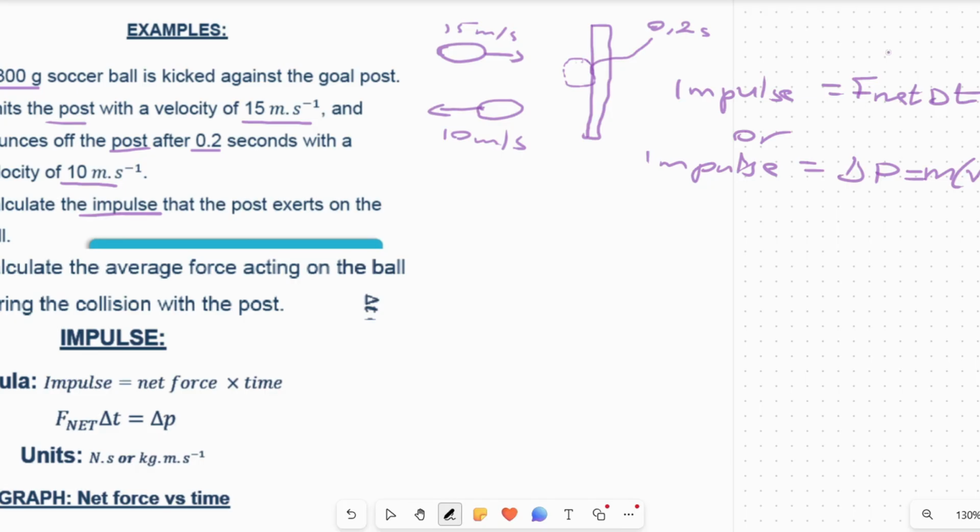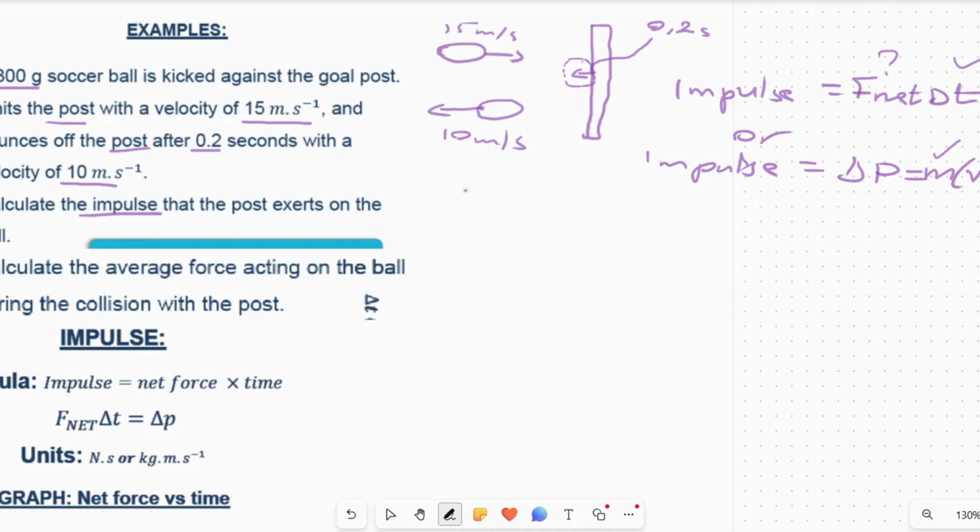We don't know the net force, so we can't use this formula, even though we know the time. Because there is a force the post exerts on the ball, but we don't know the size of the net force. But we know the mass of the ball, the final velocity, and the initial velocity of the ball.